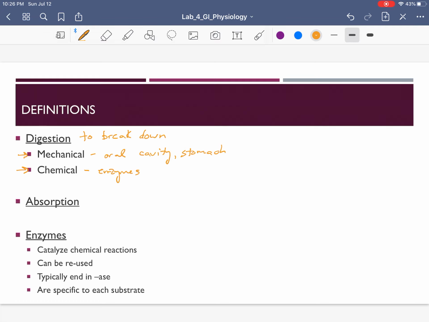Then make sure you review the definition for absorption, which in terms of the digestive system means we move broken down nutrients into the bloodstream.